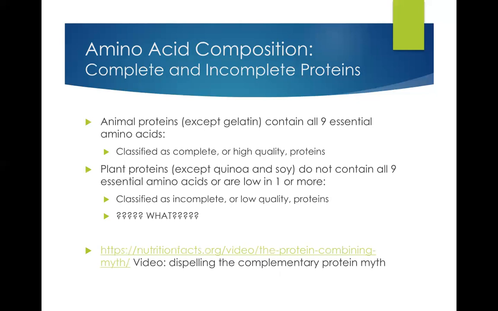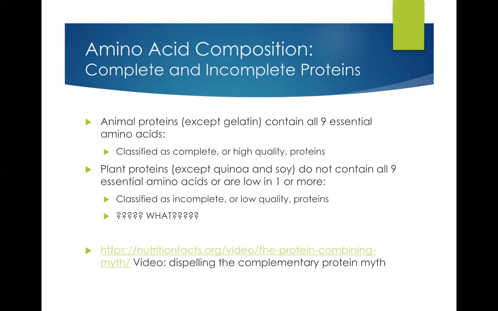Plant proteins, except for quinoa and soy, do not necessarily have all of the 9 essential amino acids or might be low in one. And they're classified as incomplete. But I have this big question here. What? Because newer thought is actually trying to say that incomplete versus complete are very inaccurate terms.